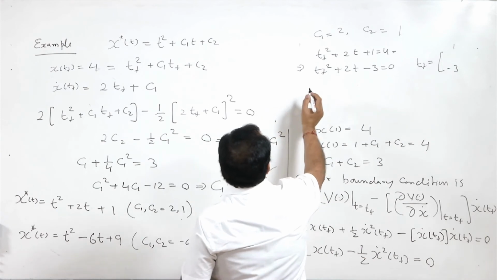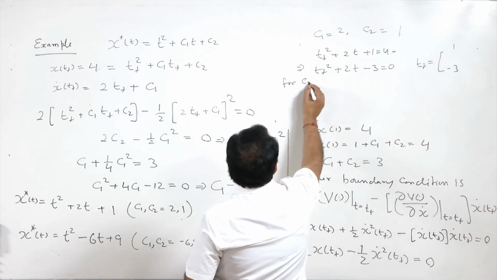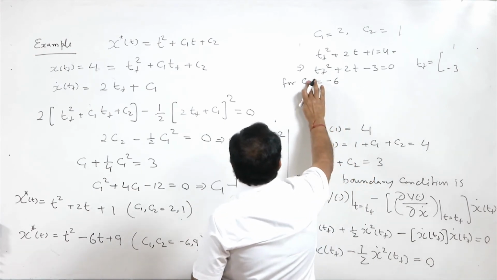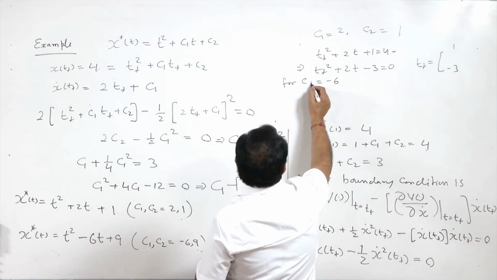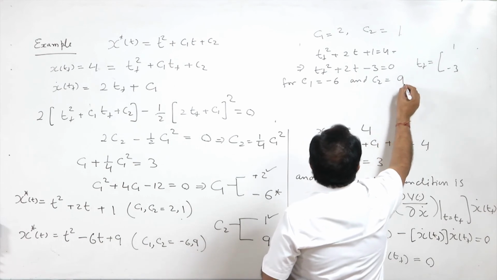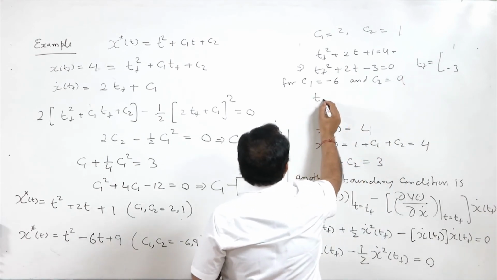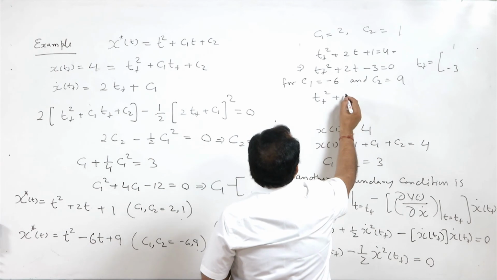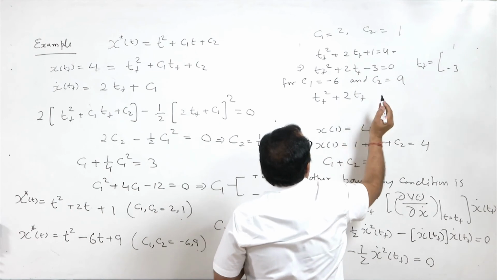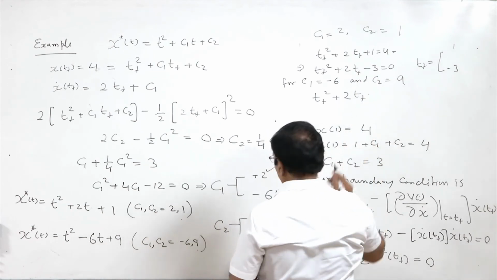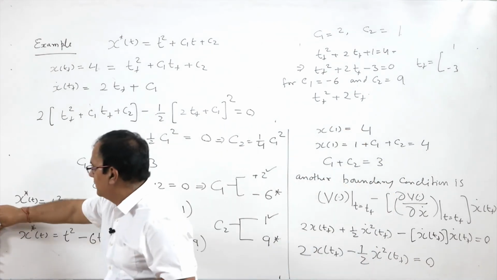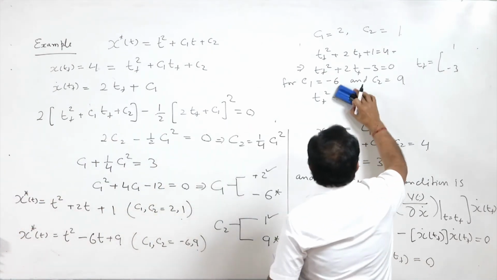For the second solution, C1 equal to minus 6 and C2 equal to 9, I have TF squared, sorry, I have to correct it.